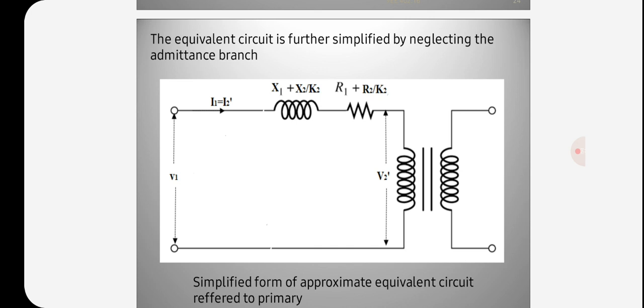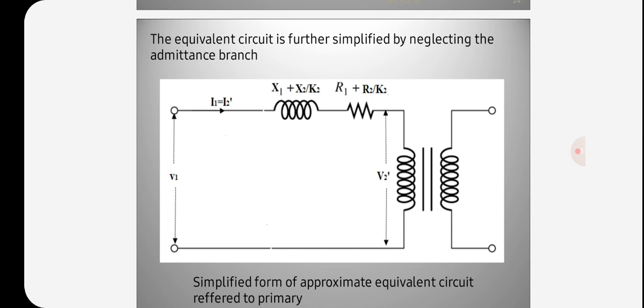In this equivalent circuit of a transformer on load, the primary winding has a resistance of R1 and leakage reactance of X1. The secondary winding has a resistance of R2 and leakage reactance of X2. The parallel circuit consisting of R0 and X0 is the no load equivalent circuit of a transformer.